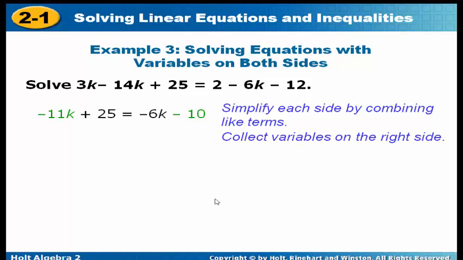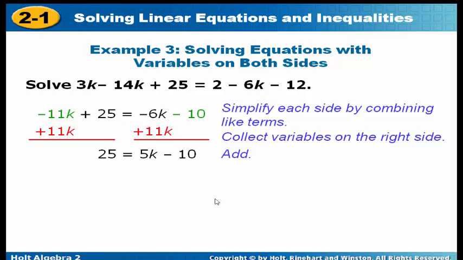Collect variables on the right side. So we can get negative 6k from this side to this side by opposite sign, or we can add 11k to both sides. So 25 equals 5k minus 10.